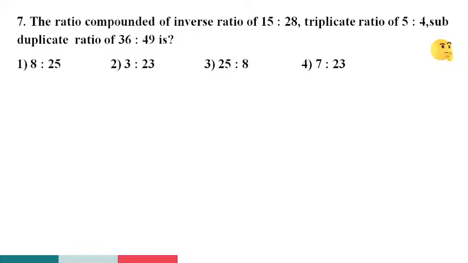The ratio compounded of the inverse ratio of 15 is to 28, the triplicate ratio of 5 is to 4, and the subduplicate ratio of 36 is to 49. What is the answer, guys?